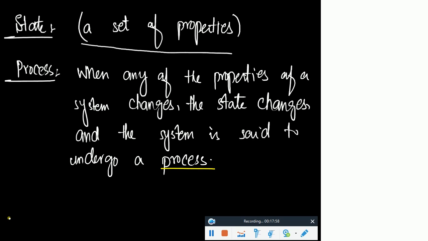Now there is another thing which is steady state. What do you mean by a steady state?